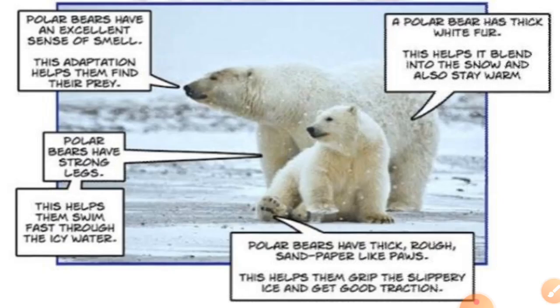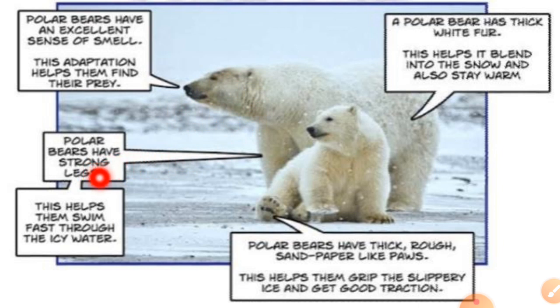Okay, now in the next slide you can see the main adaptations we have already learned, but here we can repeat them again. First, the polar bear has an excellent sense of smell, an adaptation to find prey.